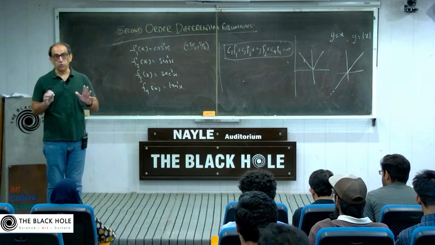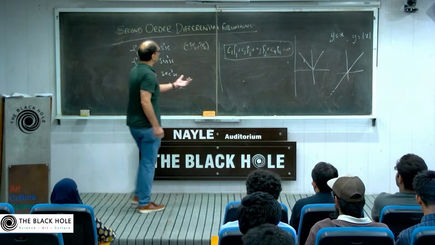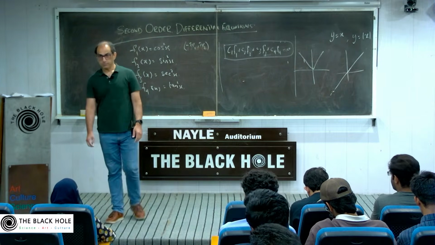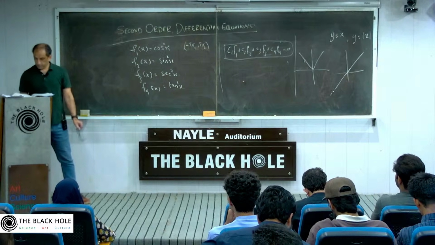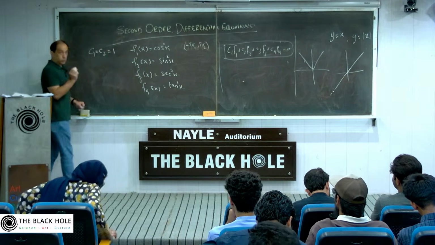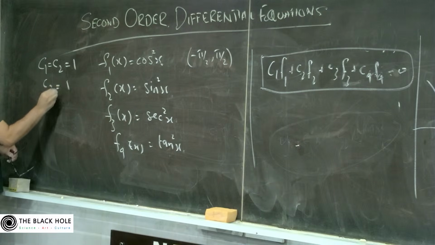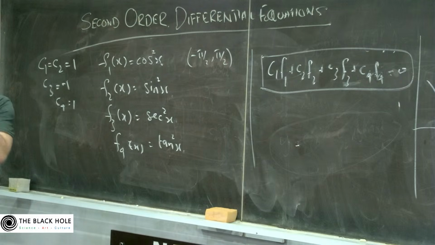If you can choose C's other than 0 which will make this expression go to 0, then it means that they are linearly dependent. So just do it. Look at the combination. Let's do it for this choice. I want you to make sure that this choice works for you. Now do it and tell me whether it works or not.